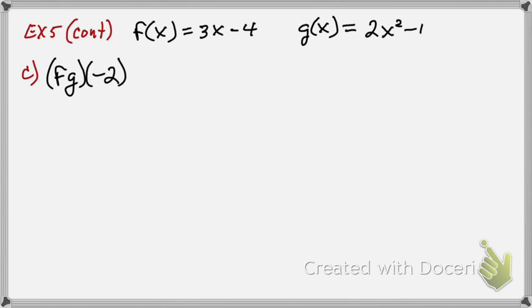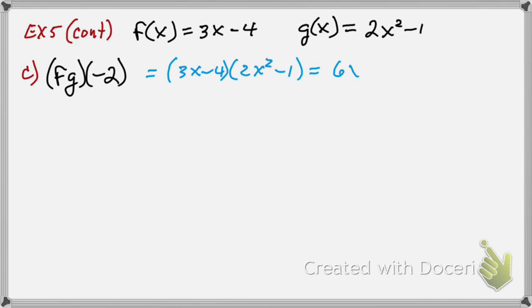And I just wrote the functions up there at the top because you've already got them written down, but if somebody's watching this video, they might not realize it. So I'm going to multiply these. So I've got 3x minus 4 times 2x squared minus 1.